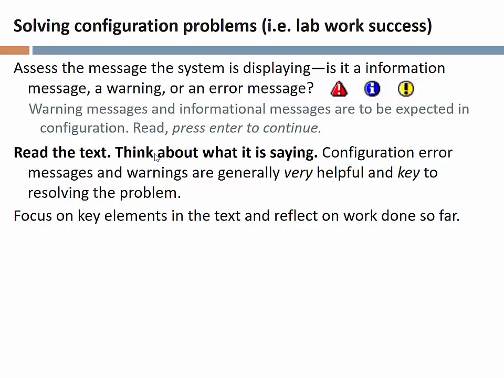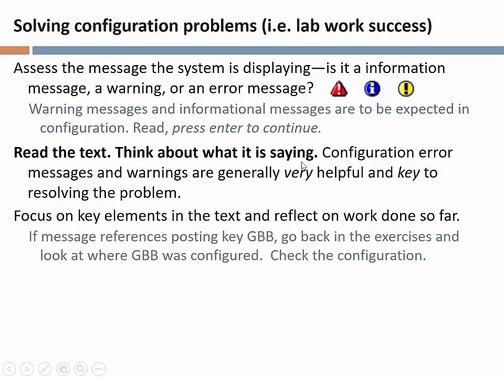But due to the nature of the workflow, most of the time when you run into an error caused by something you did wrong, it's not very far in the distant past where you actually made the mistake. So if you think about the error message in the context of, okay, what have I been doing, then that's going to lead you, hopefully, close to the error.